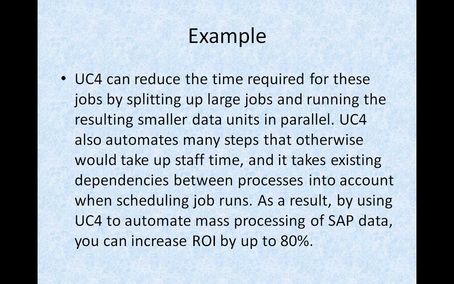UC4 also automates many steps that would otherwise take up staff time, and takes existing dependencies between processes into account when scheduling job runs. Suppose you already have some job plan built into your job application platform, and at the same time, in the same system, you are trying to run some other job.